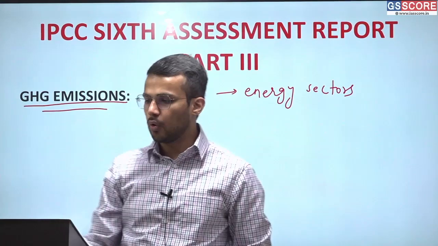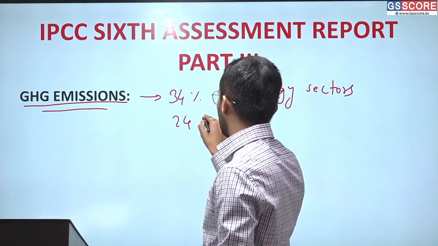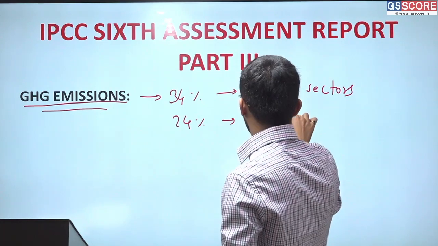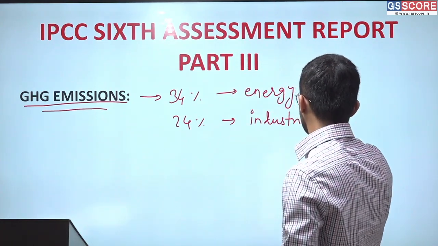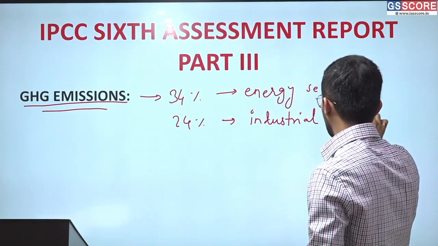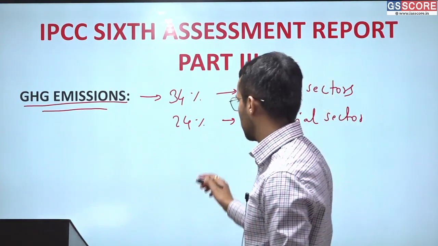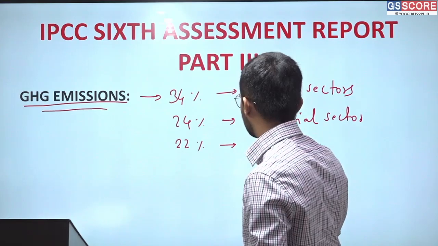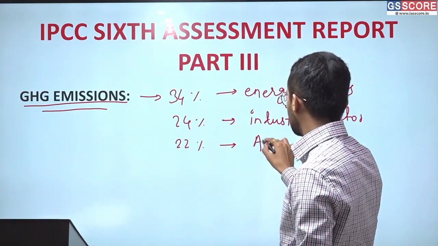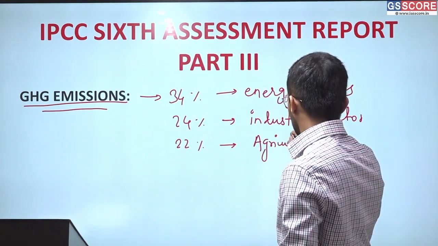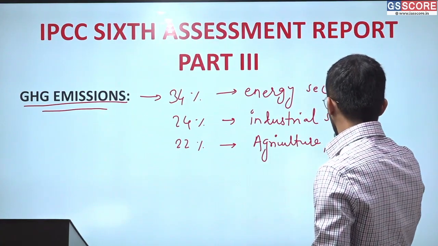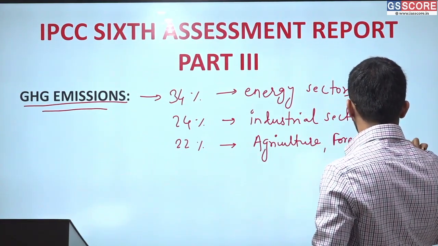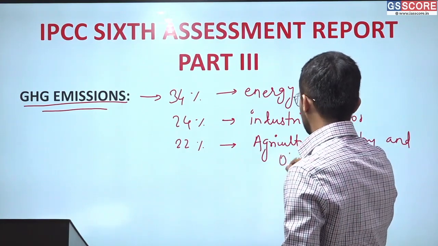Then 24% of greenhouse gases are contributed by the industrial sector, 24% from industries. Then 22% of greenhouse gases are coming from agriculture, forestry, and other land use.